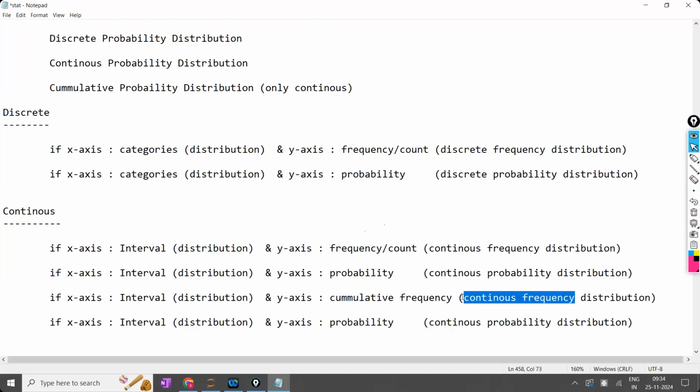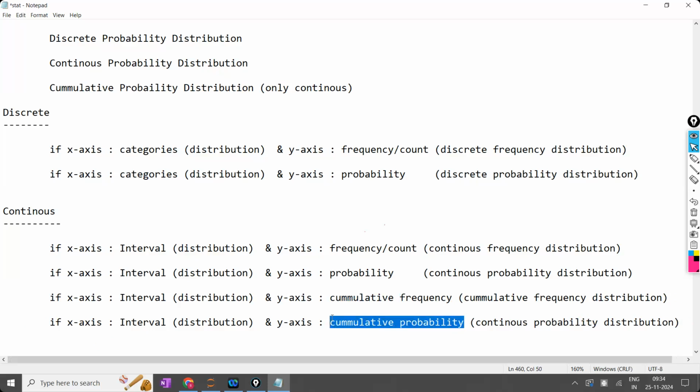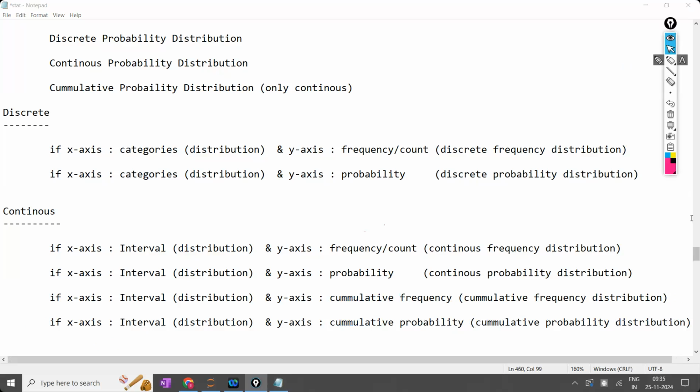You particularly no need to say continuous, because cumulative is applied only on continuous. And similarly, if you consider cumulative probability on the y-axis, it is called a cumulative probability distribution.